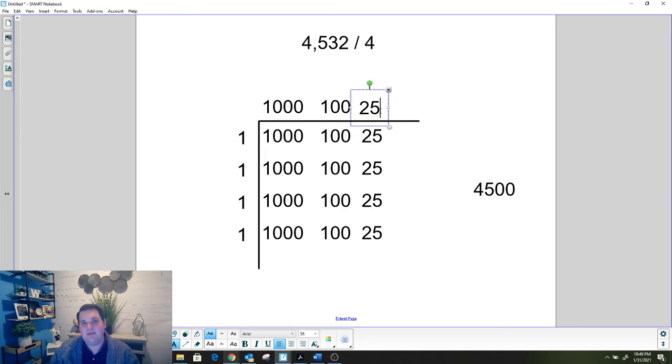So I'm going to put groups of 8 in my array. So when I do that, I now have 4,532 inside of my array. So all of this went in equally, and I now can find my final answer.